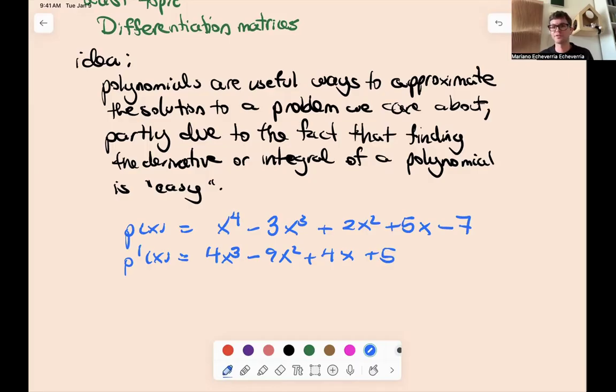when we were finding polynomials, we were using the Lagrange form of the polynomial, right?